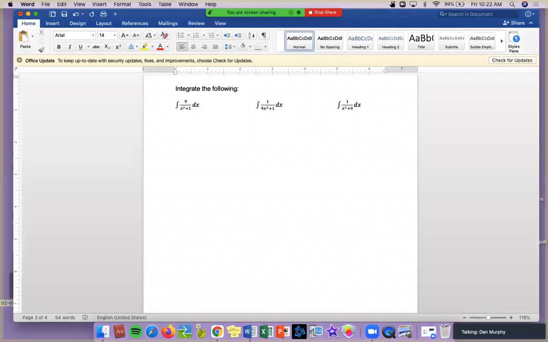These are all candidates for integration. You should be able to do each of them. I'll give you, phone out, set it for 1 minute. Here's the hint. They're all inverse tangents. Wait, are they? Yes, they're all inverse tangents.